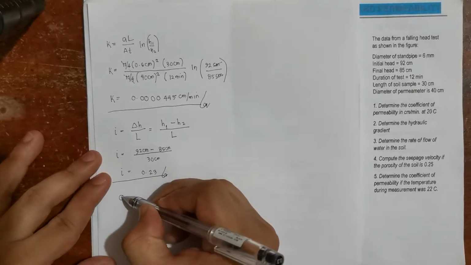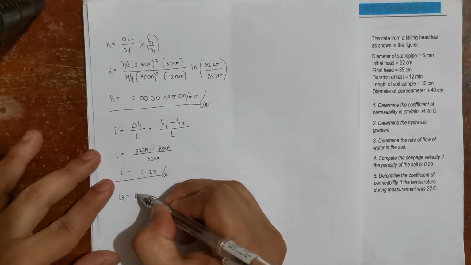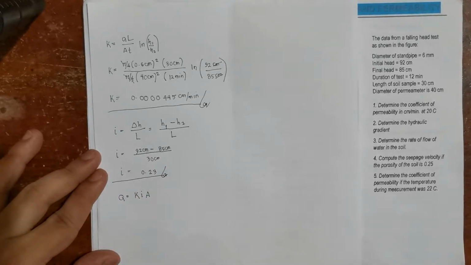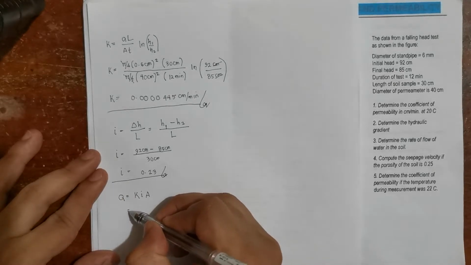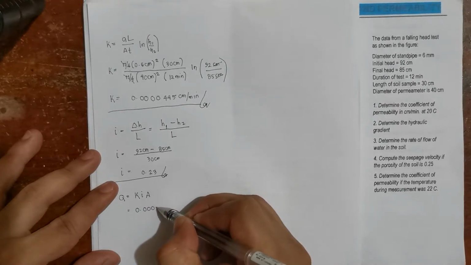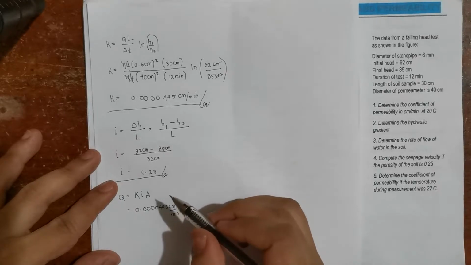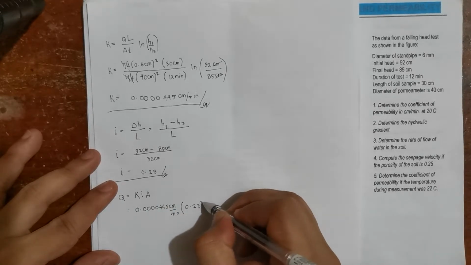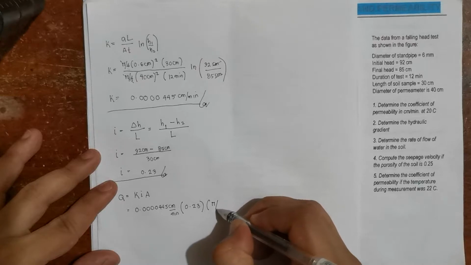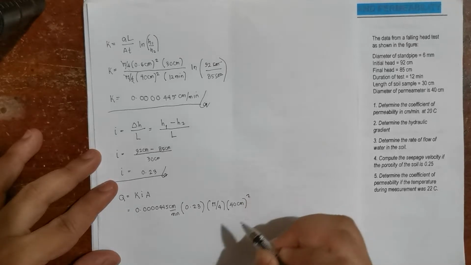And the formula of flow rate is Q equivalent to K multiplied by i multiplied by A. So substituting, we'll get a flow rate of K, already computed, 0.000445 centimeter per minute, multiplied by i, hydraulic gradient of 0.23, A, the cross-sectional area of the specimen, pi over 4, the diameter is 40 centimeter quantity squared.